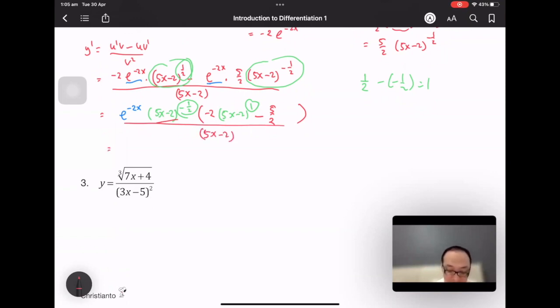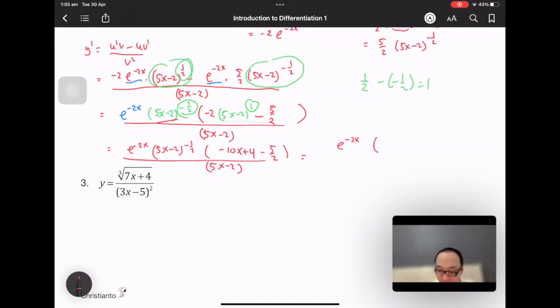Okay, we simplify. It's e to the minus 2x, (5x minus 2) to the minus half, and this one is negative 10x plus 4 minus 5 over 2, over 5x minus 2. So we can simplify: e to the minus 2x, and then this is negative 10x plus 4 minus 5 over 2 is 3 over 2.